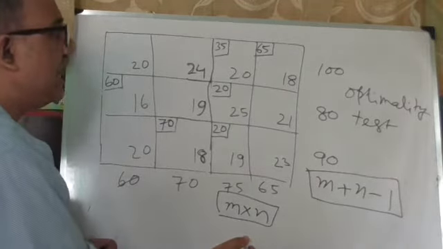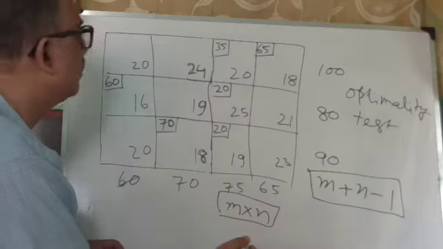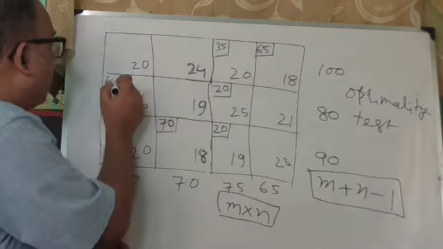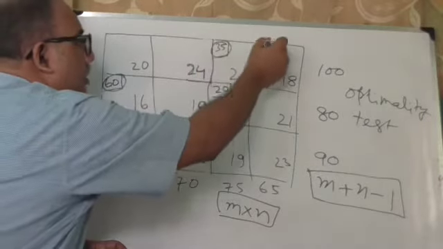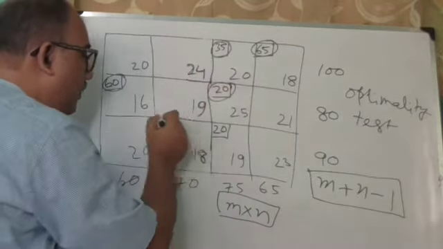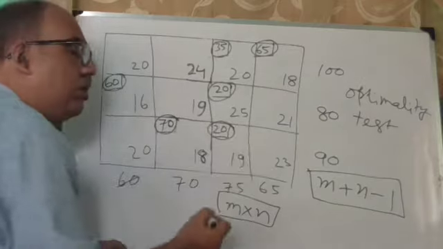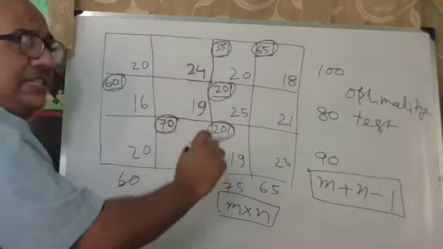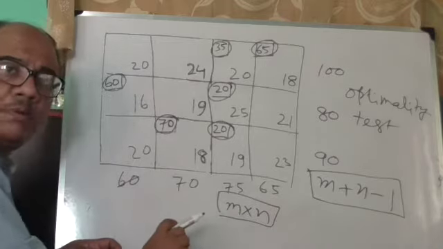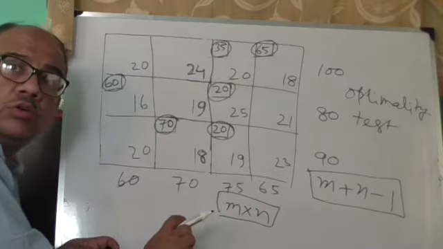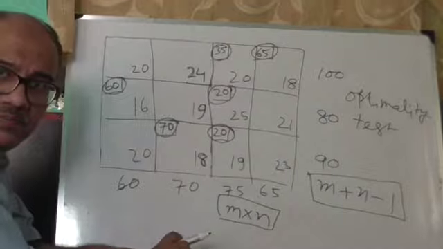And we have to check the number of basic solutions that we have got. So in this case we have got 1, 2, 3, 4, 5 and 6. So if we have got 6 basic solutions, then we can proceed to the optimality test. Otherwise, we have to do something different.